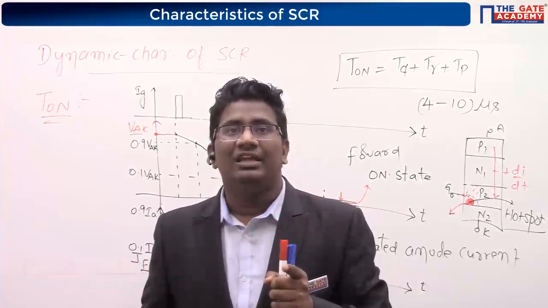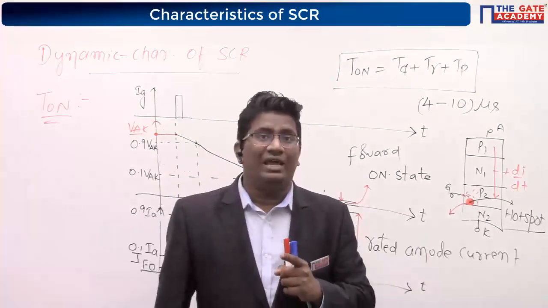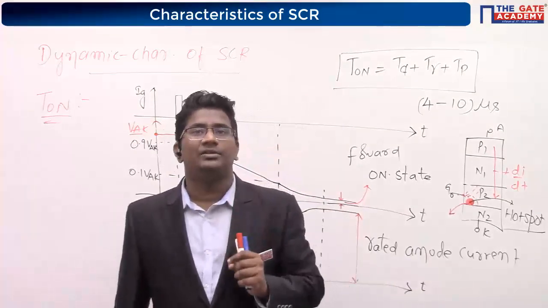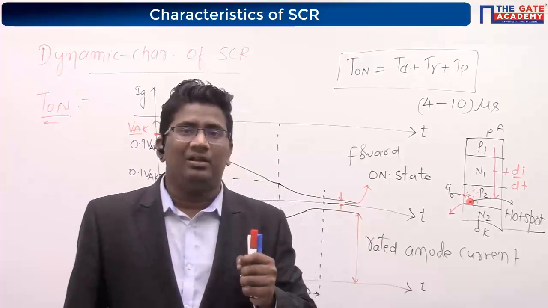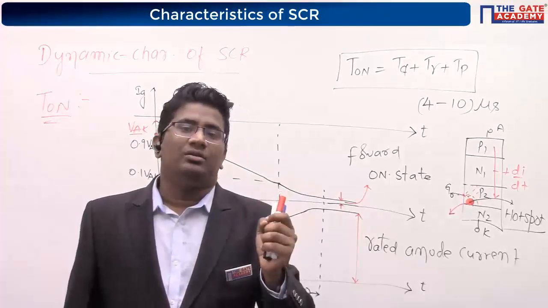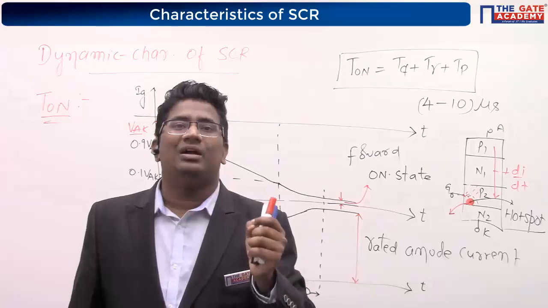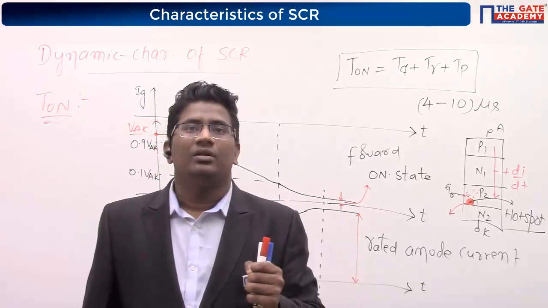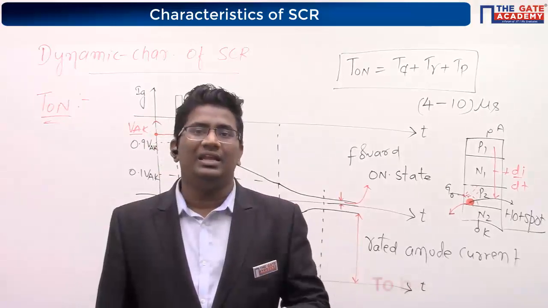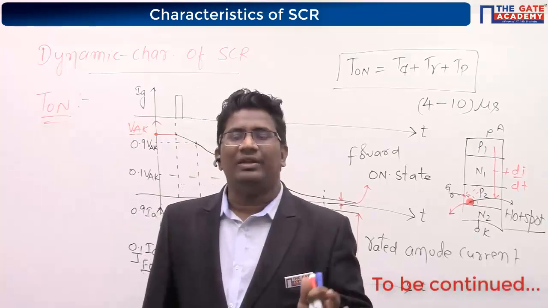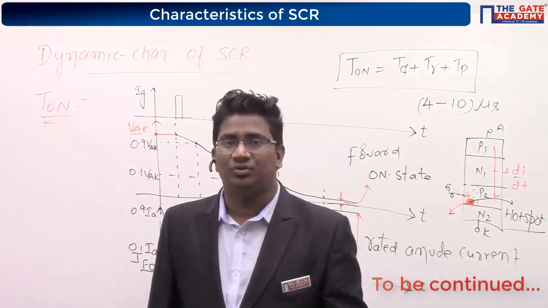It depends on load. Third point is simple: to protect, the external di by dt can be controlled by using a suitable snubber circuit.